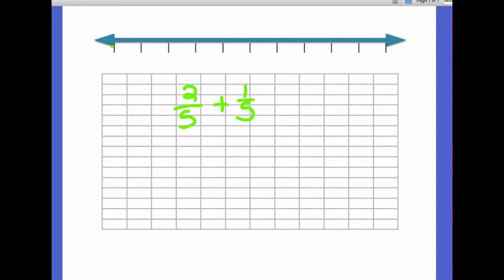So you start with 0, right? 0 out of 5. What happens to the numerator as we move along? Mandy?